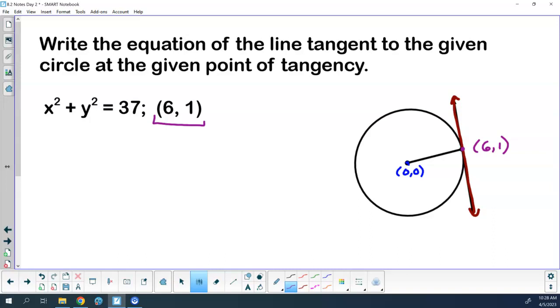So these are perpendicular here. So let's find, because we have the 2 points that are on the radius, the slope of the radius.